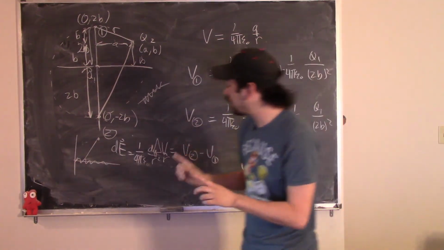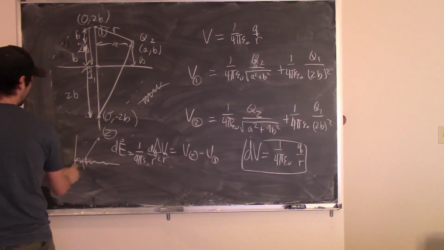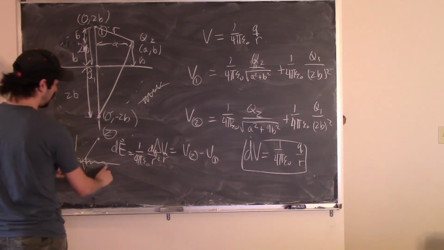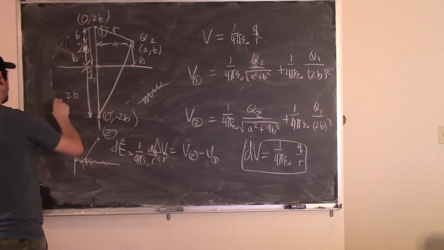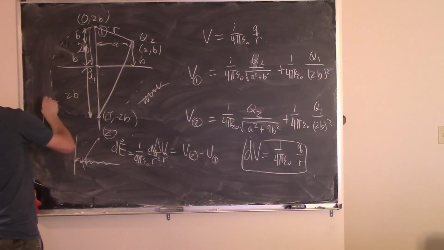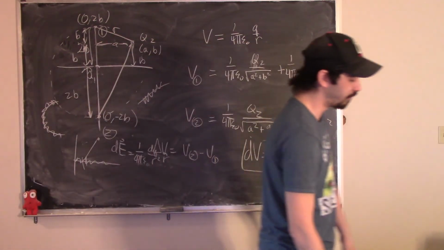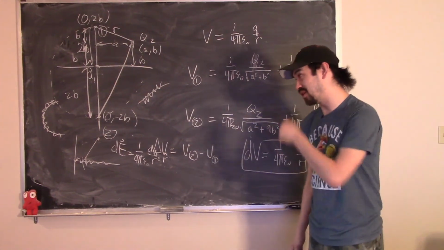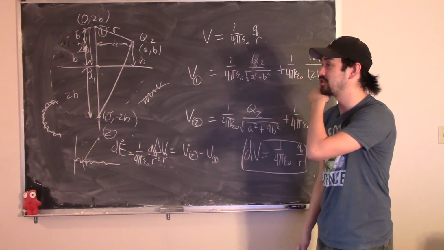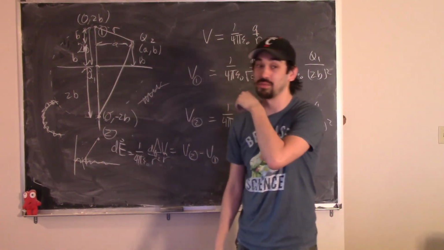But punchline is know how to deal with distributions of charge that are along an axis, and know how to deal with distributions of charge along an arc. Some of the questions I came up with didn't make it into the final cut, but those were both things that I considered putting on the exam.